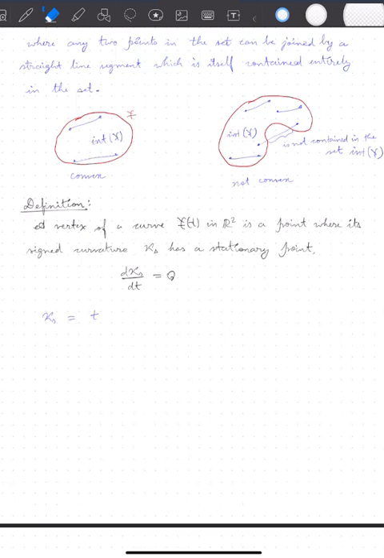If the curvature is t, then d kappa_s by dt is equal to 1, which is never 0 for all t. Likewise, if kappa_s is t squared, then the derivative is 2t, which can be 0. It is 0 if t is equal to 0.